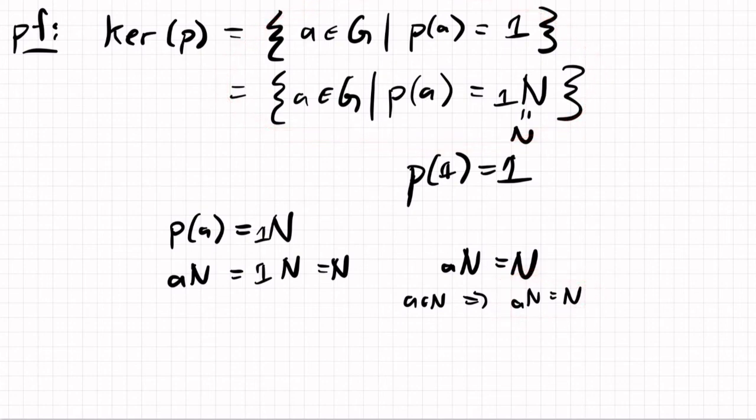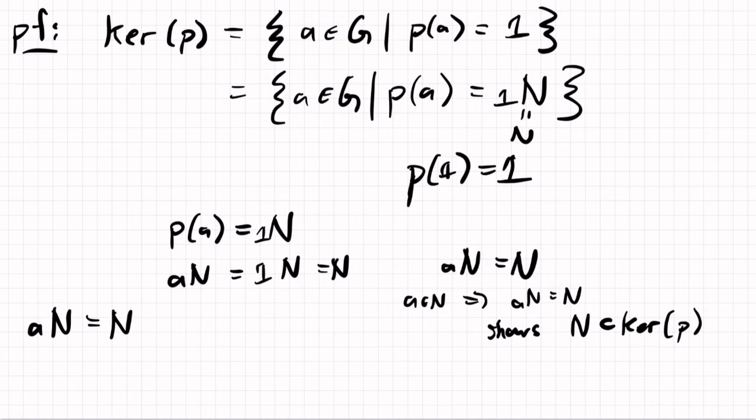So this shows that N is contained in the kernel of P. Okay, and now what does it mean for AN to be equal to N? That's the set of An for little n in N, and that is equal to the subgroup N.